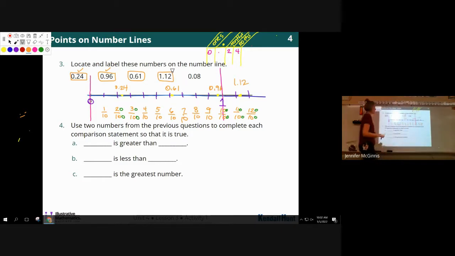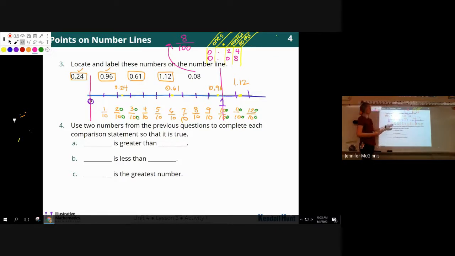And then we had a little bit of concern about this number right here. Riley Hanselman, talk to me. Okay, so it's 0 and 8 hundredths. And so if we were to write this as a fraction, it would be 8 hundredths.